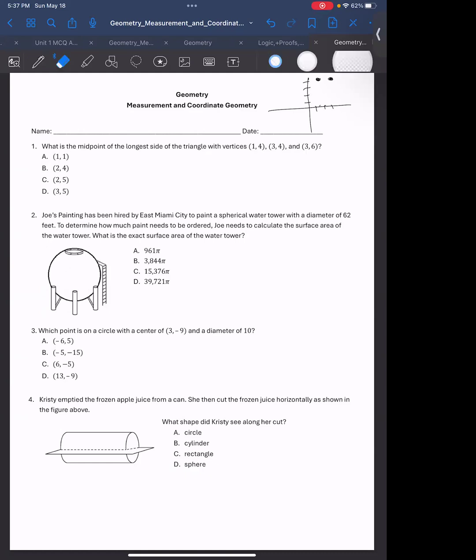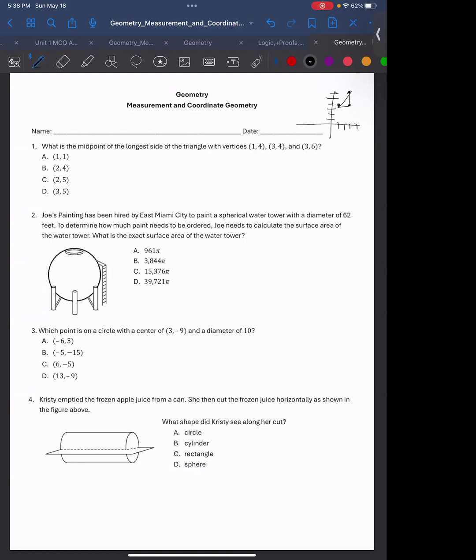I made it too close to the top. So let's try that again. (1, 4), (3, 4), and then there's (3, 6). So it looks kind of like this.